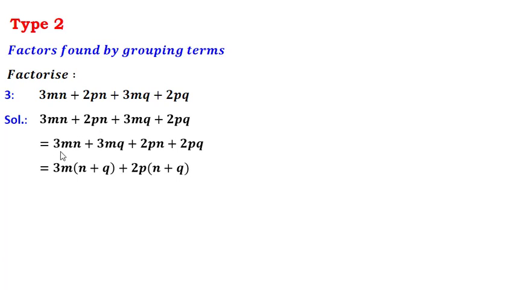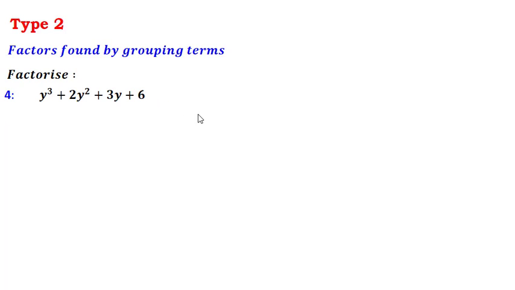So now 3m is common in these two terms, so I will take 3m common. The remaining term from here is n, and from here it is q, and in these two terms I have 2p common, so I will take 2p common. The remaining term is (n + q). Now (n + q) I will take common, and in the second bracket I have (3m + 2p). So 3mn + 2pn + 3mq + 2pq is equal to (n + q)(3m + 2p).